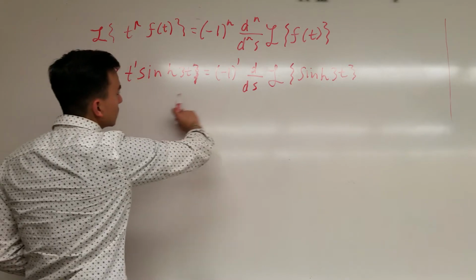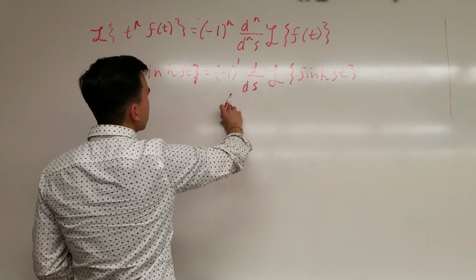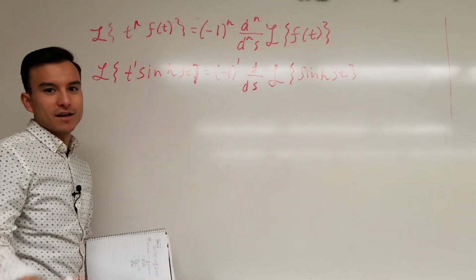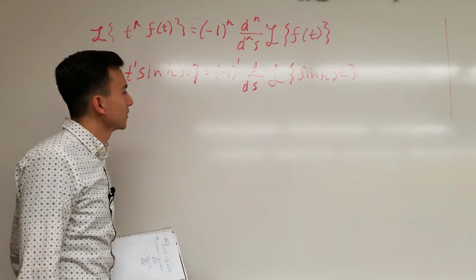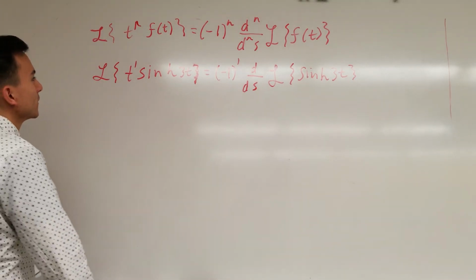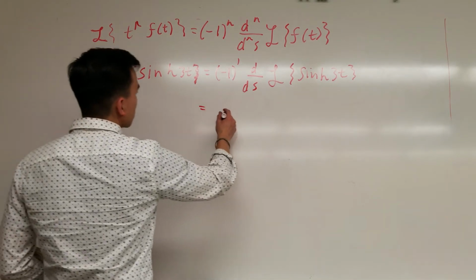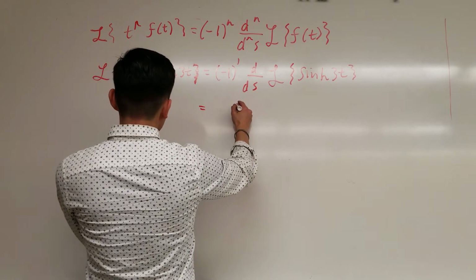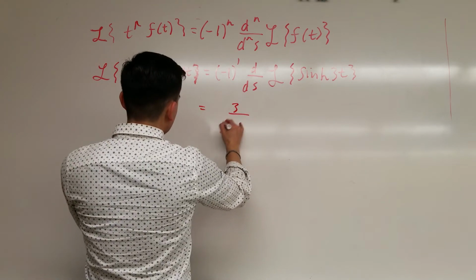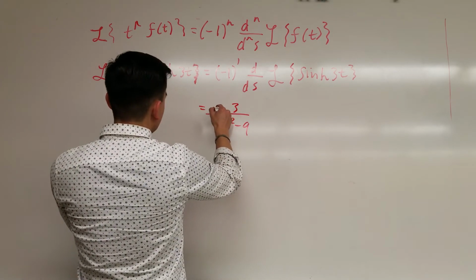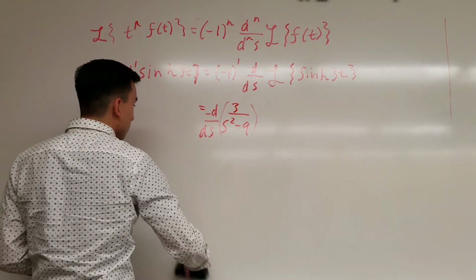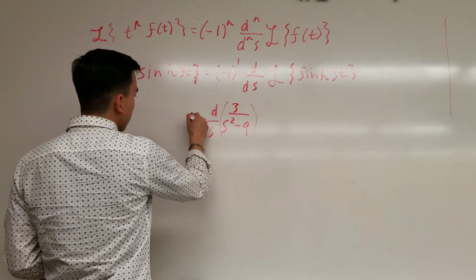So our n was 1, so that's just the first derivative. Wait till you get the third power, which means you'll have to take the triple prime derivative. No problem, no biggie. You can take a triple derivative. All right, so we'll have the hyperbolic sine of that 3, so that's going to be 3 over s squared minus 9. We take a first derivative.